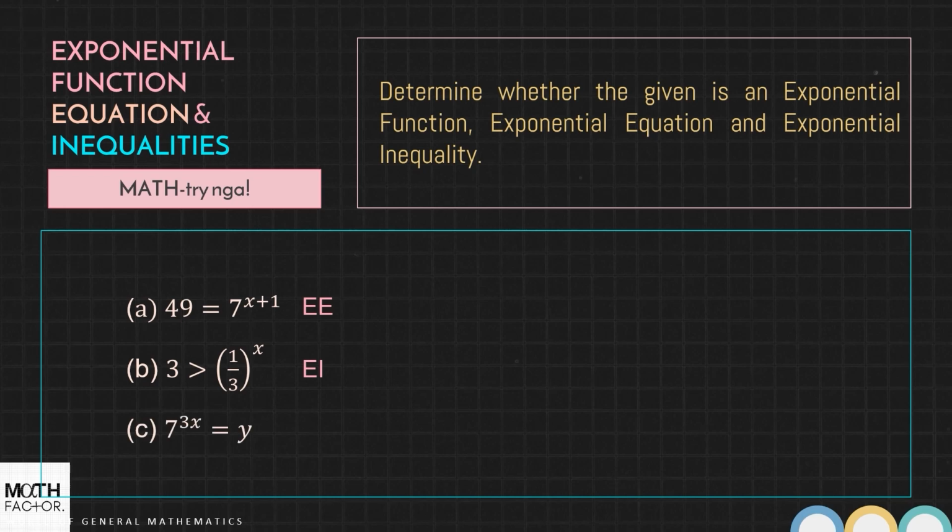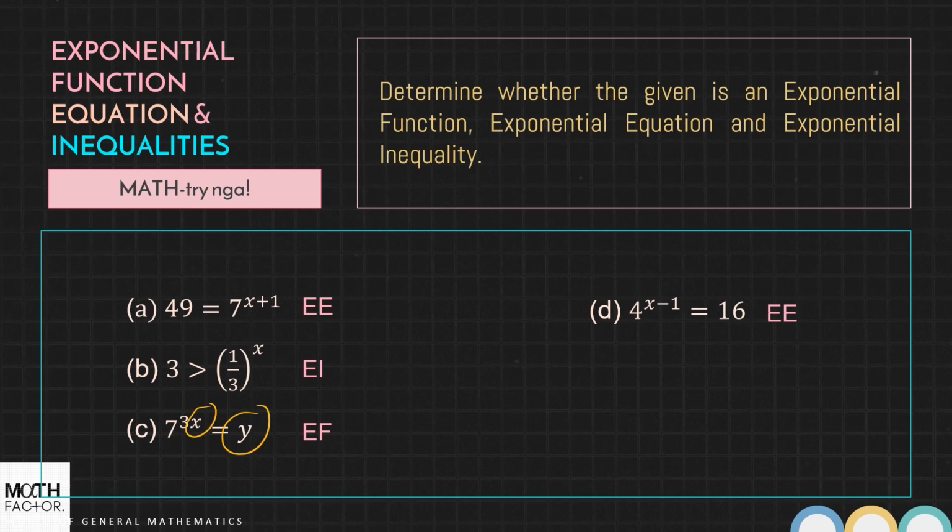Next, 7 raised to 3x is equal to y. So since we have here a relationship between two variables, the x and the y, this is exponential function. Next, 4 raised to x minus 1 is equal to 16. Exponential equation.